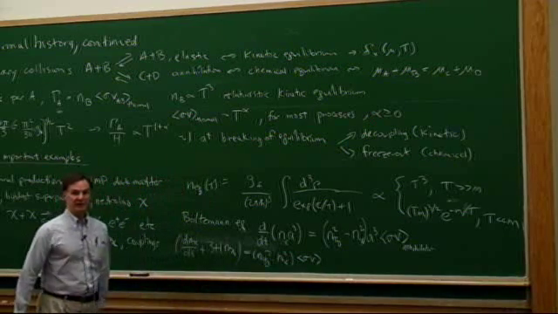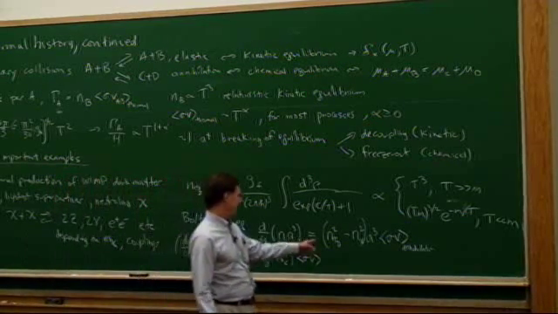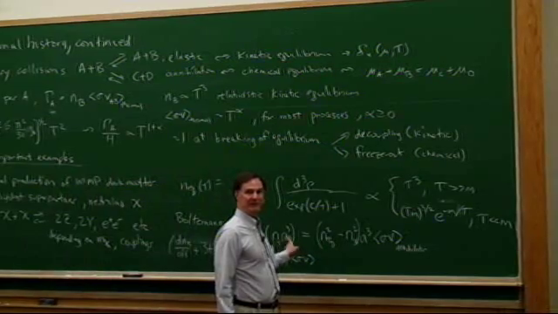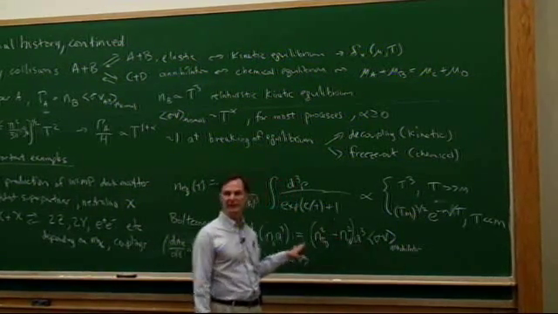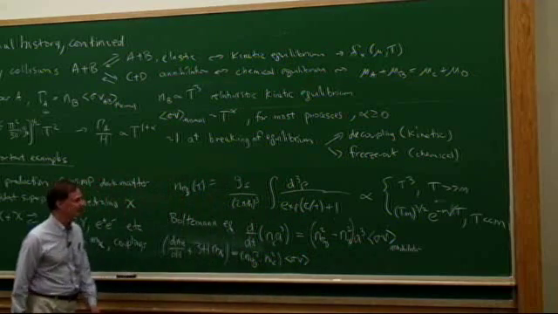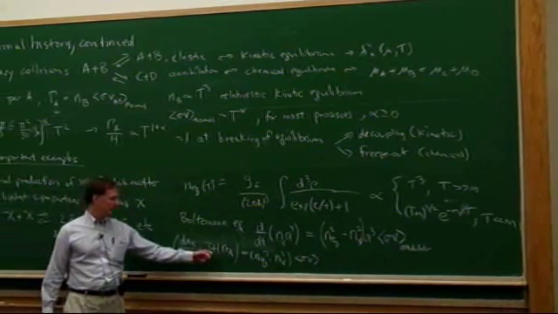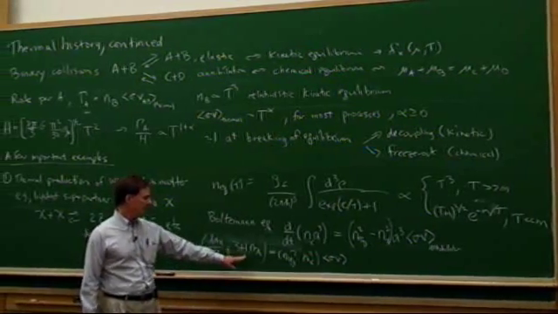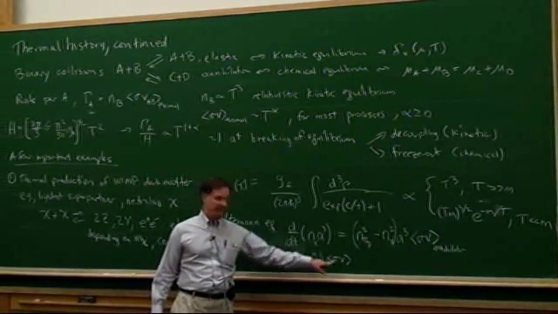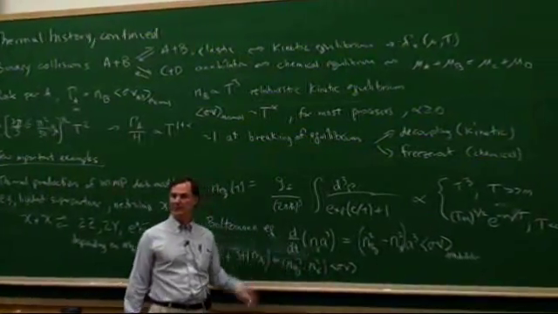By the way, one should check the units. I have density to the first power on the left-hand side, density squared on the right-hand side, but multiplied by sigma times v, so that is a rate. The units are correct. So this is where the Hubble rate comes in. Hubble rate compared with n sigma v, that's gamma, so there we have it.